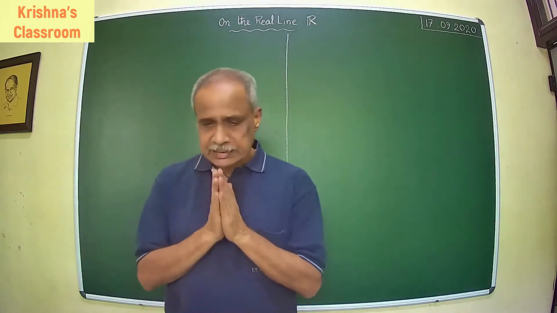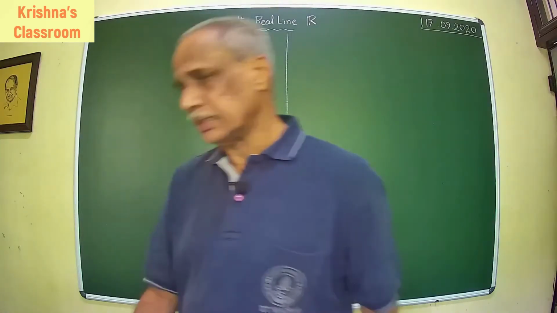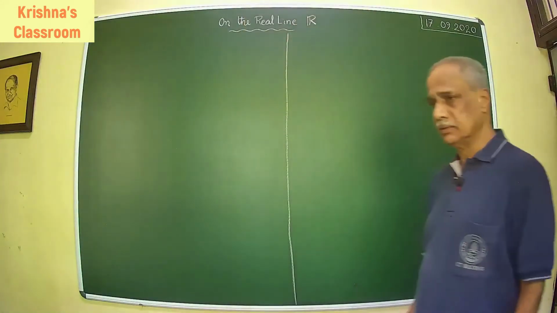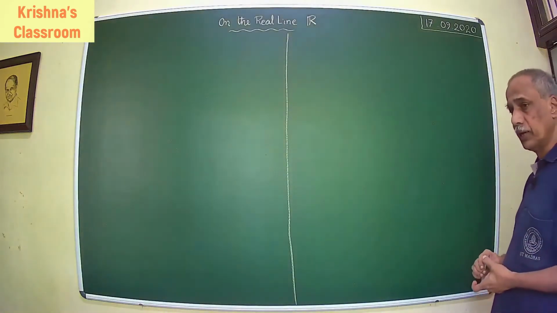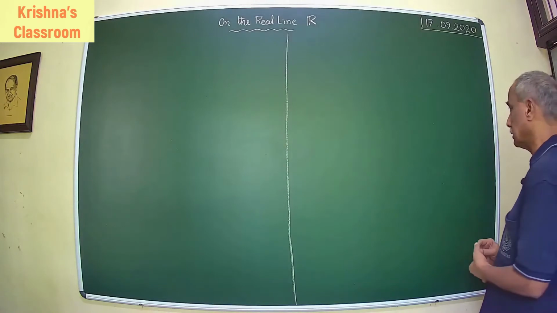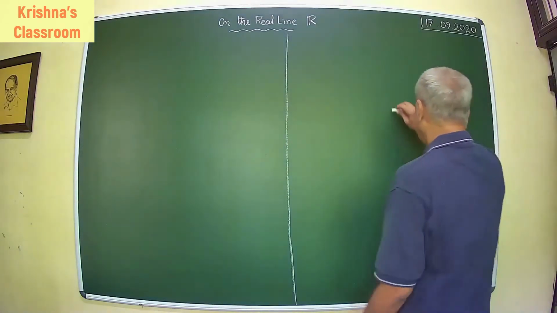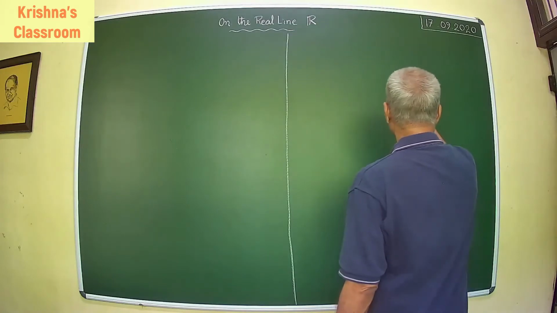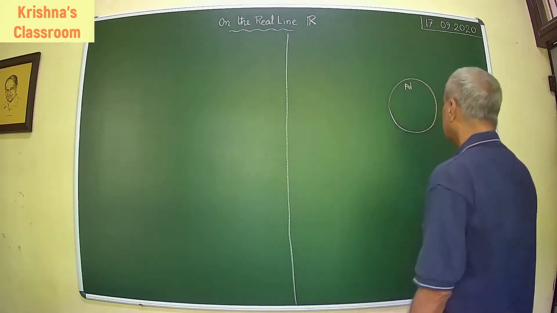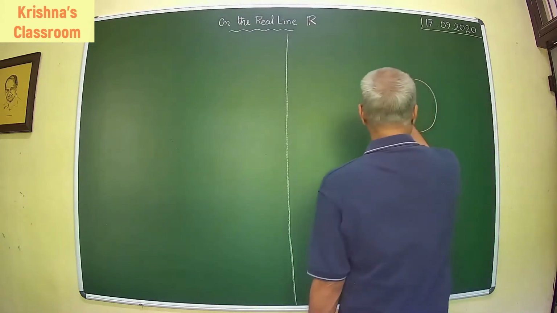Now I will put it across in a nutshell, what we have done so far and how we are going to expand this. So we had N, defined through what is called Peano's axioms.